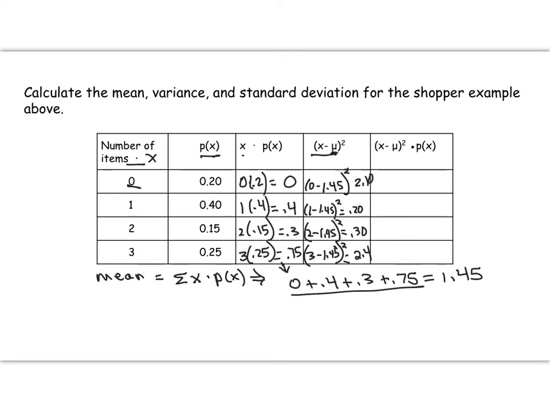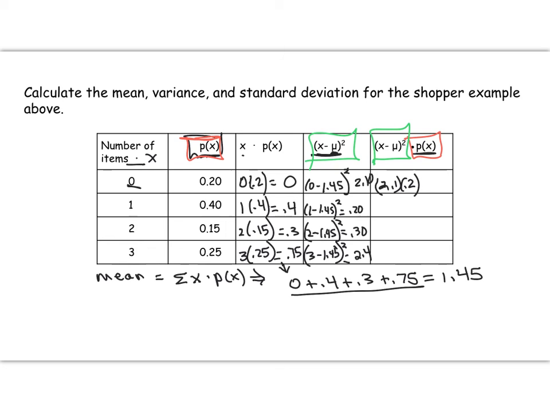All right, and then in my last column here, I'm going to take this value from this column and multiply it by the probability, which is this column here. So I have 2.1 times 0.2, right? Probability, let me change colors here. This column is this, and this is this column. I'm going to multiply those two things together.